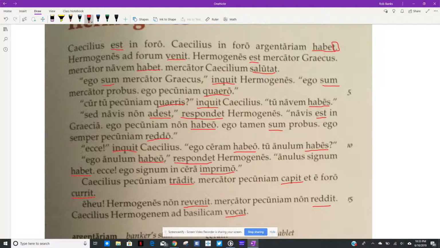"Ecce," look, "ego signum in cera imprimo." So I imprimo, right? That O tells me it's an I verb, which I was already expecting because of ego. So primo is press, imprimo, press into. So I press in what? The accusative signum. I press the seal into cera, the wax.